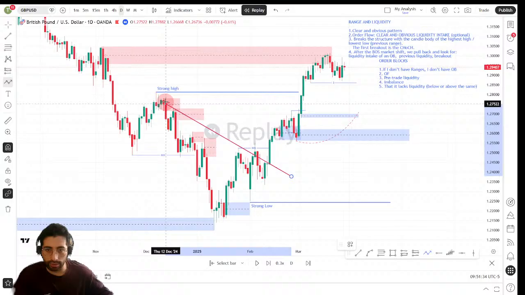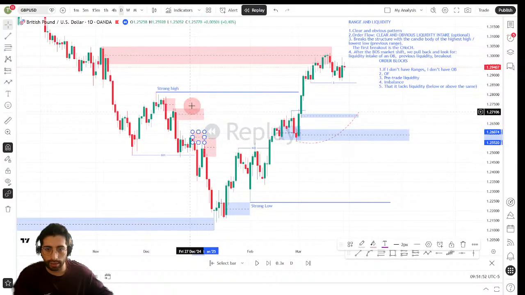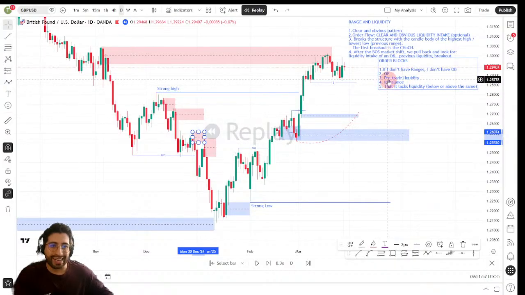This is an order block. Then this candle enters here and leaves us a new order block, and now this is a potential order block, right? So we have order flow. It means that the valid order blocks are two, at least for this example. It means this one here and that one right here, right? Perfect. Now look at the next. Pre-trade liquidity.